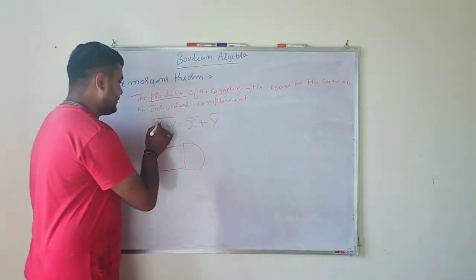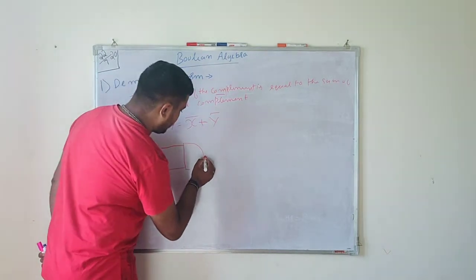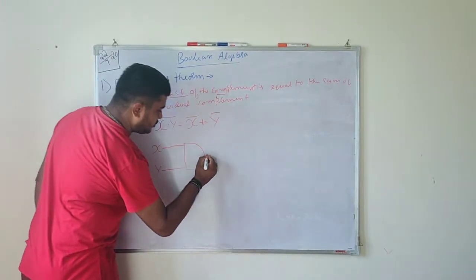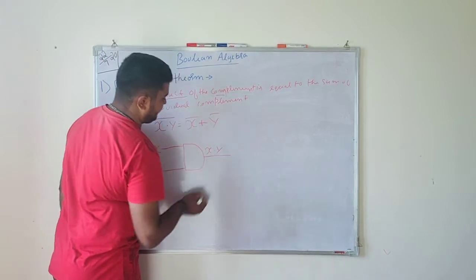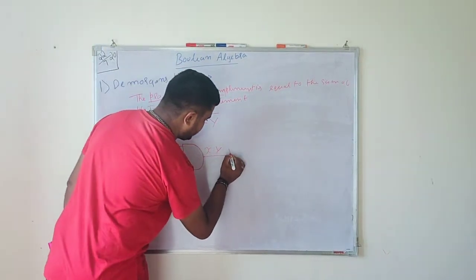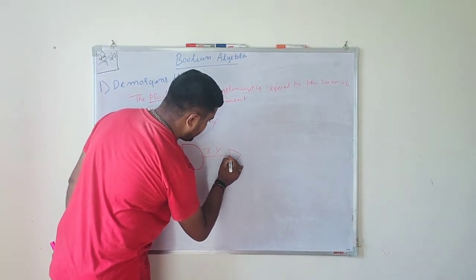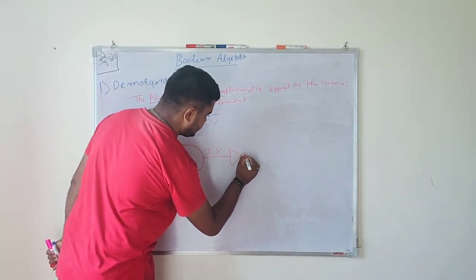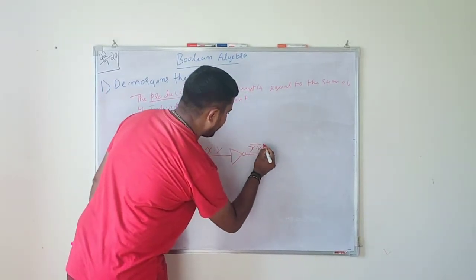After that, we have a bar, which means we should also have a NOT gate. This gate will provide you x into y. Next, we should put the NOT gate there. NOT gate means it is an inverse gate. So whatever it receives, it will invert the value, giving x into y bar.